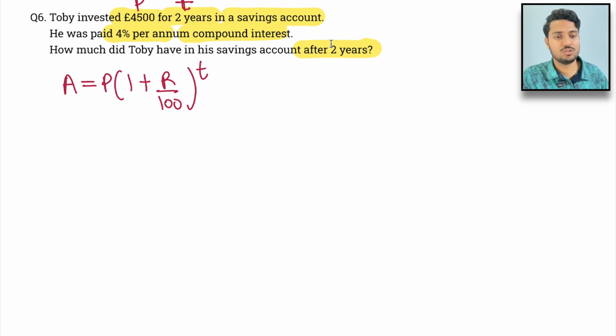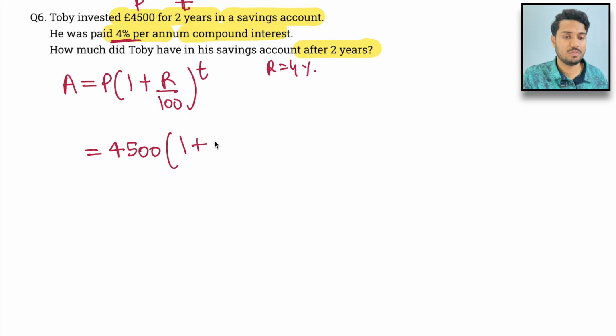4,500. Time period T is 2 years, and rate of interest R is 4%, given to us. R is 4%, which is given over here. So let's substitute all the values in the formula. So 4,500 (1 plus 4 upon 100) raised to T. T is 2 years. Let's solve this.